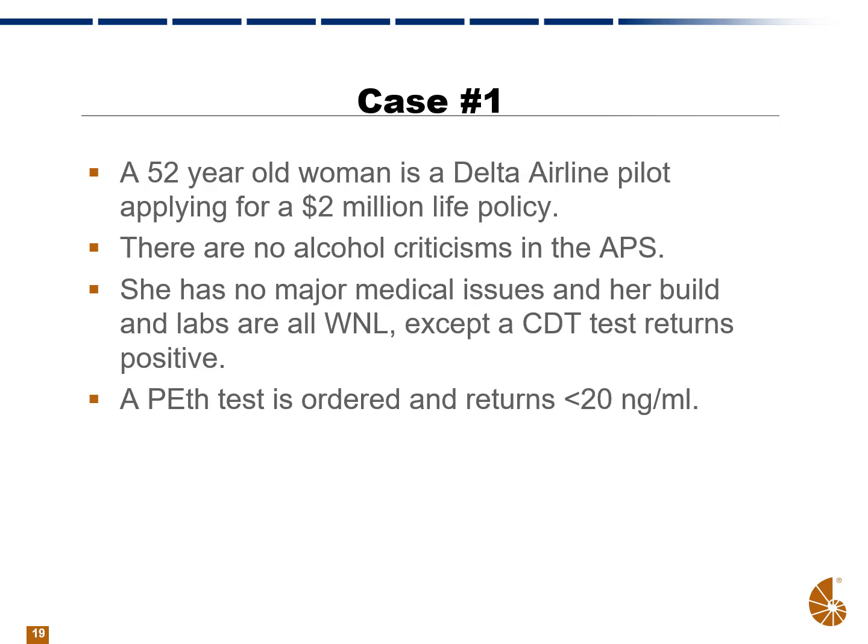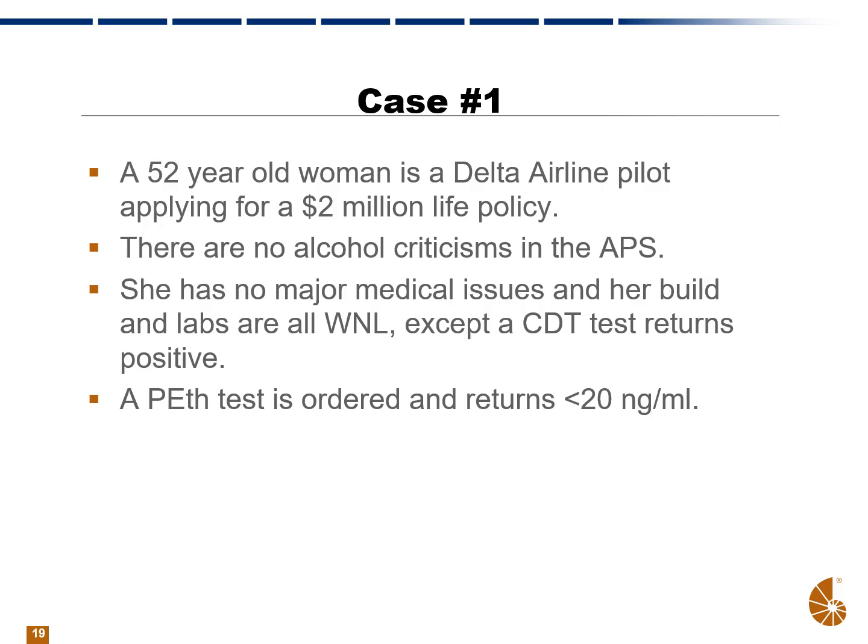So I have some cases. Let's say we have a 52-year-old woman who is a Delta airline pilot applying for a $2 million policy. There's no alcohol criticisms in the APS. She has no major medical issues, and her build and labs are all within normal limits, except for some reason this direct life company orders CDT tests and it comes back positive. But if we had a PEth test and it returned less than 20 nanograms per milliliter, we know that indicates this person is not drinking alcohol.